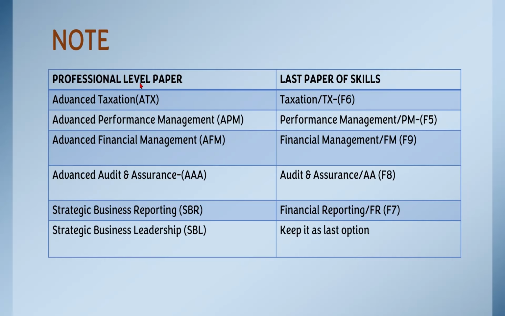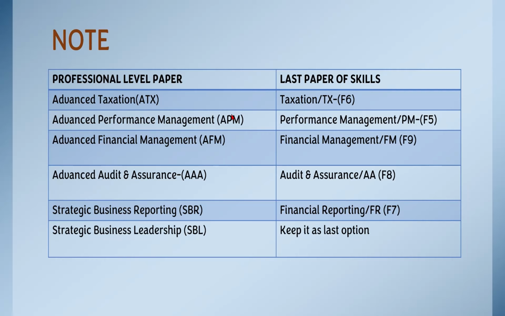If you are planning to give ATX in the professional level, then keep Tax as the last paper in the skill level, and then you can go with ATX as the first paper of the professional level. Similarly, if you are appearing for APM, then Performance Management, that's F5, should be your last paper of skills, and APM will be the first paper of your professional level.